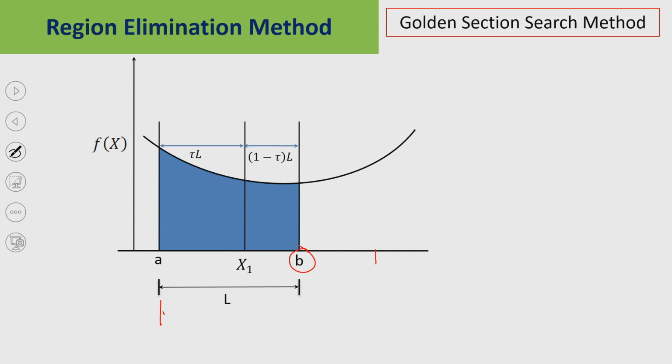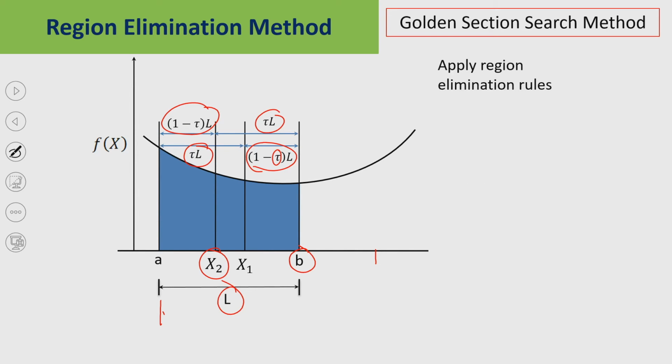If I take that this is tau L and this is 1 minus tau L, then for a particular value of tau, this will be tau L for the new L and this will be 1 minus tau L for this new L. Now I will take another point, which is again tau L from B and 1 minus tau L from your A.